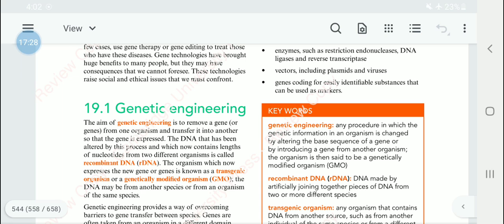The DNA that accepts the gene from another organism would be known as recombinant DNA, within brackets, small r, capital DNA.